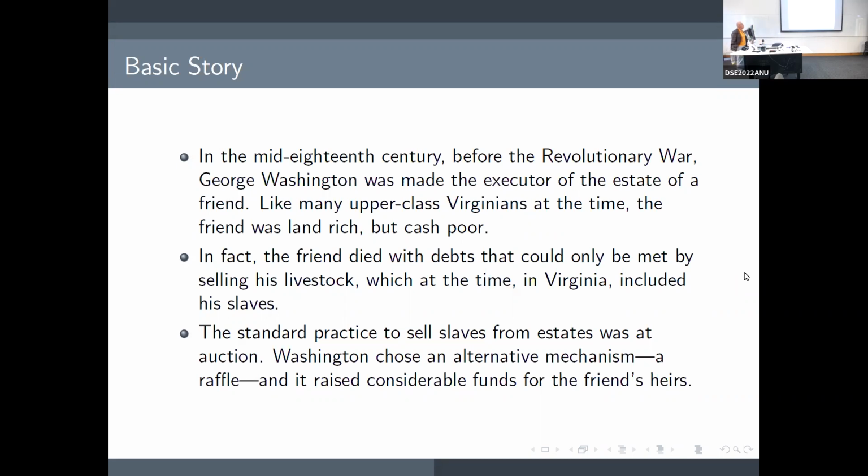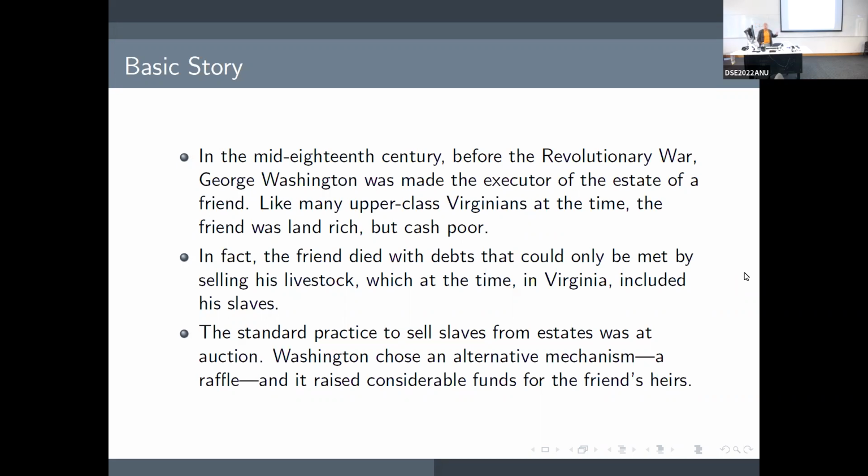Like many upper class Virginians at the time, the man was land rich but cash poor. Most of these Virginians lived way beyond their means, and so when they died, they had lots of debts. The standard way to dispose of this debt was to sell livestock, which could include people.